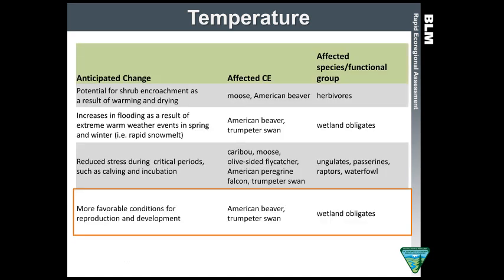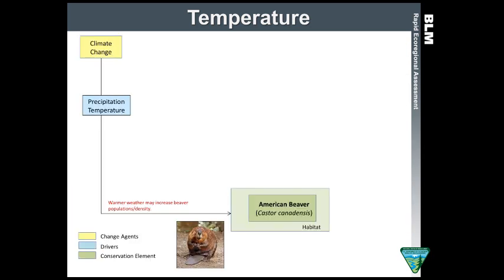So there are a number of ways that this could affect the CEs: increased potential for shrub encroachment as a result of warming and drying, increases in flooding as a result of extreme warm weather events in the spring, reduced stress during critical periods such as calving and incubation, and the one I'm going to touch on right here, more favorable conditions for reproduction and development.